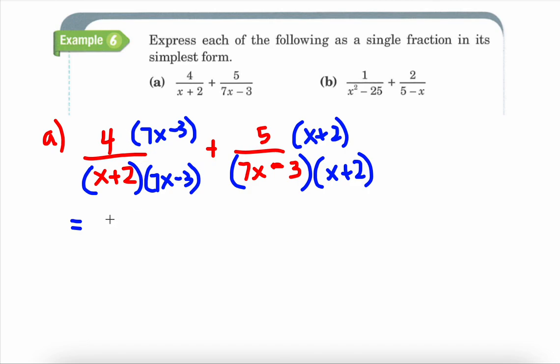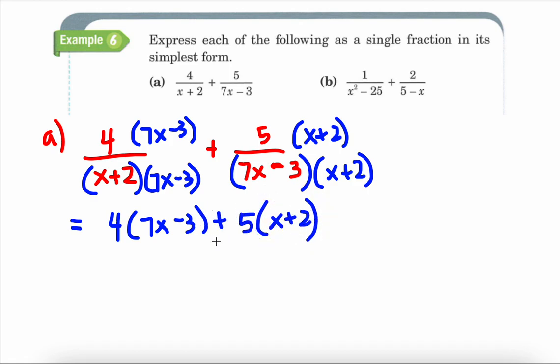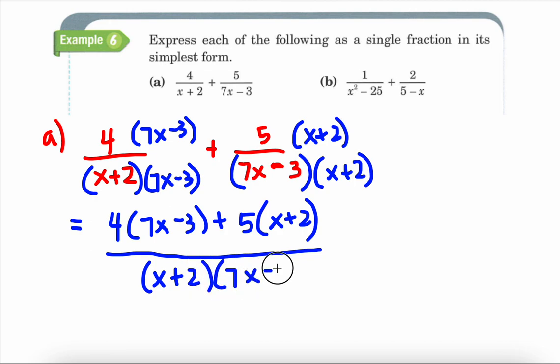So at the end, you would get 4 times 7x minus 3 plus 5 times x plus 2. I'm just basically squishing them together to make one numerator. And then the bottom we're going to keep as x plus 2 times 7x minus 3.